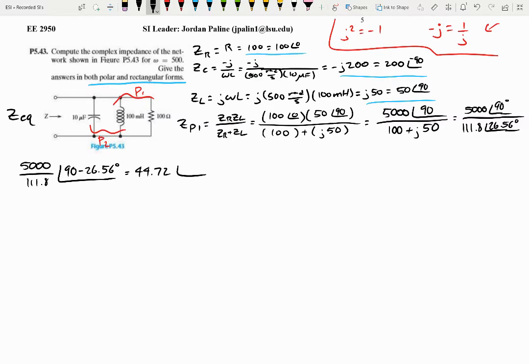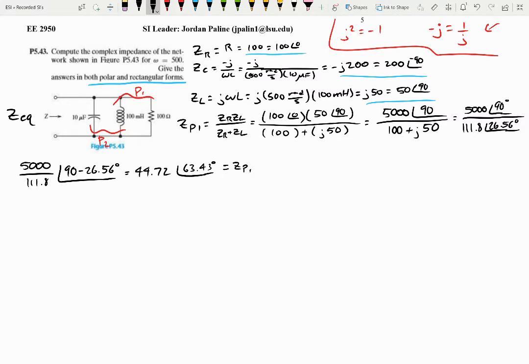And our angle will be 90 minus 26.56 degrees, which is 63.43 degrees. So this is Z parallel 1.